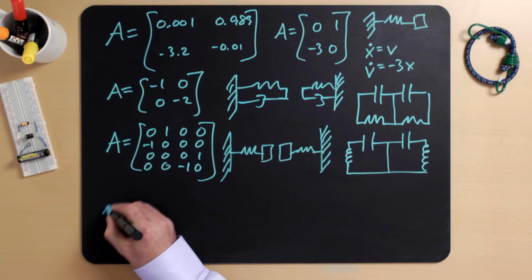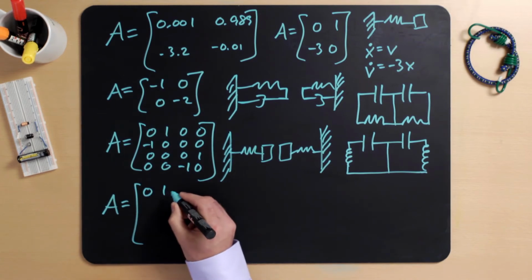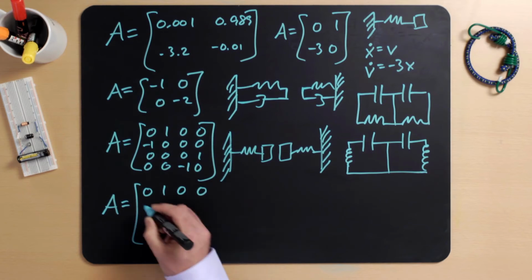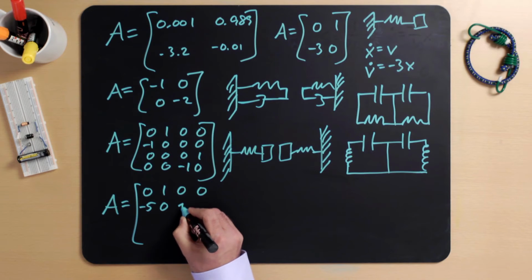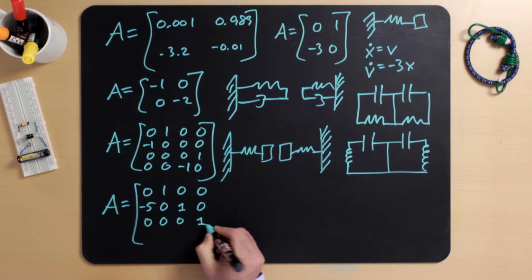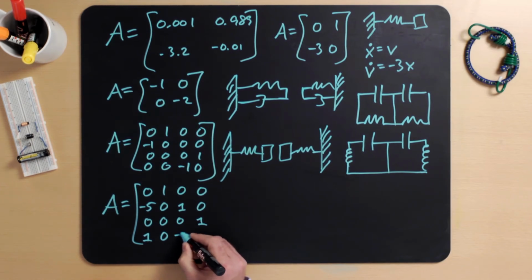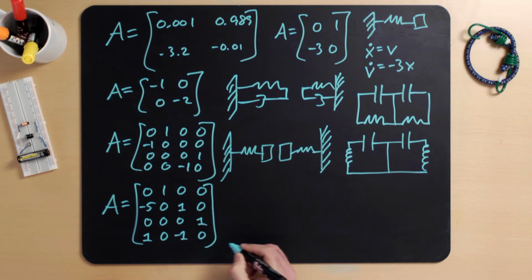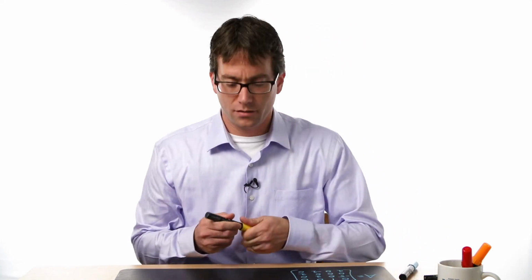Lastly, let's consider one more A matrix. A is equal to [0, 1, 0, 0; -5, 0, 1, 0; 0, 0, 0, 1; 1, 0, -1, 0]. This system has the dynamics of the two masses, just like the previous example.